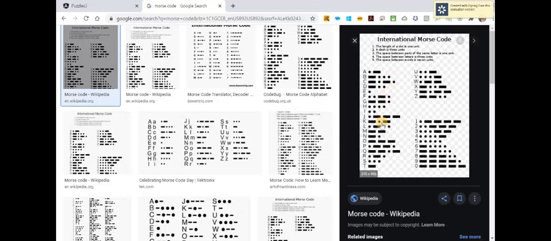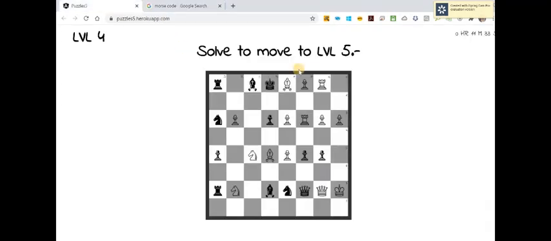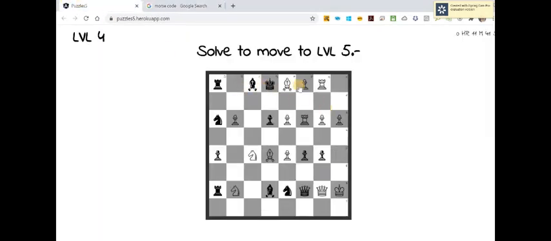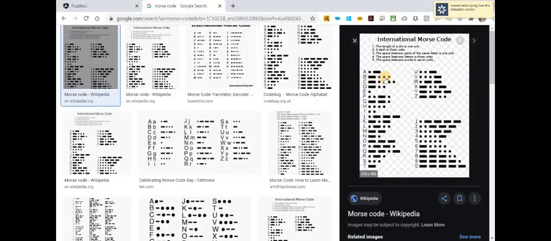So all in all, 3 dashes and 3 dots, and there is no such thing in the Morse codes. So there are none.